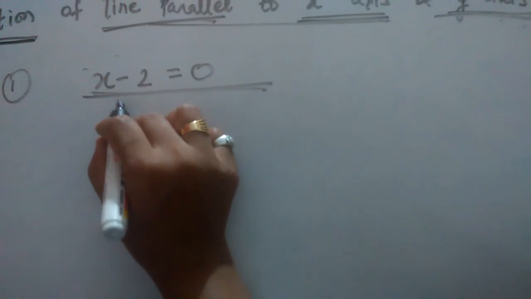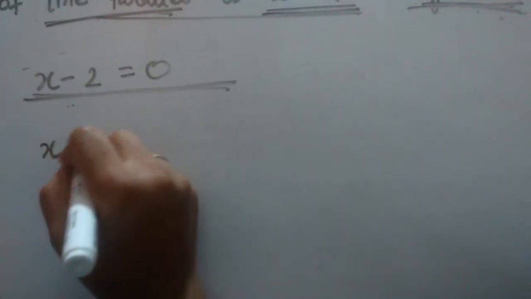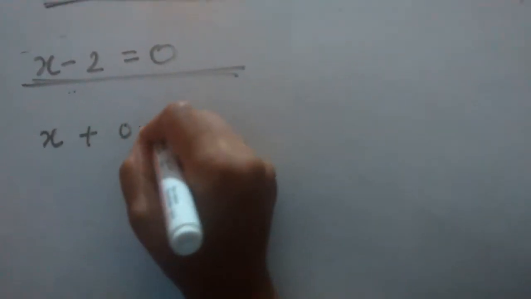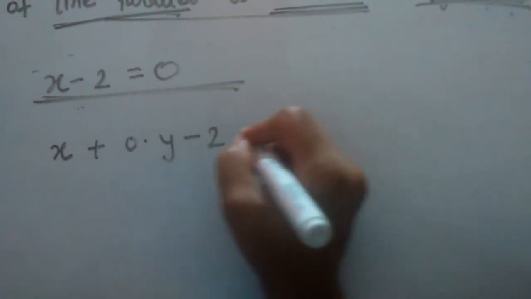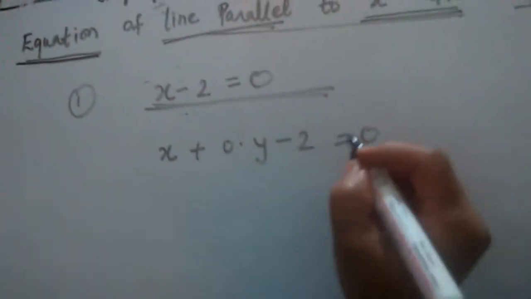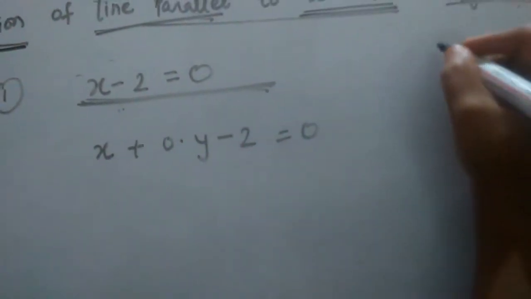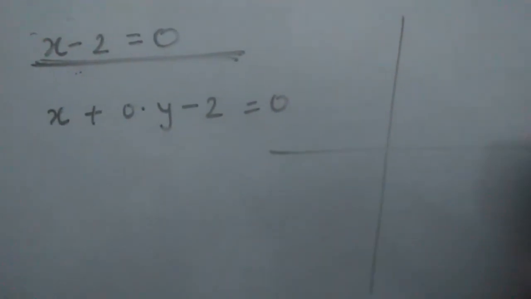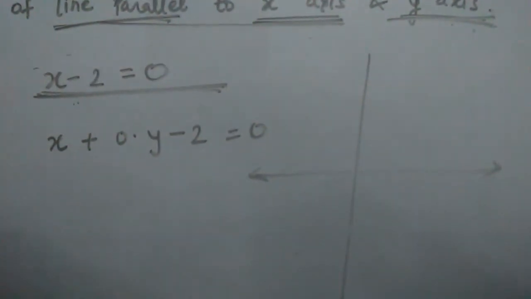If I want to represent this line, I can write it as x plus 0 into y minus 2 is equal to 0. Now I'll have to draw this on the graph paper, right? Let's draw it on the graph paper.